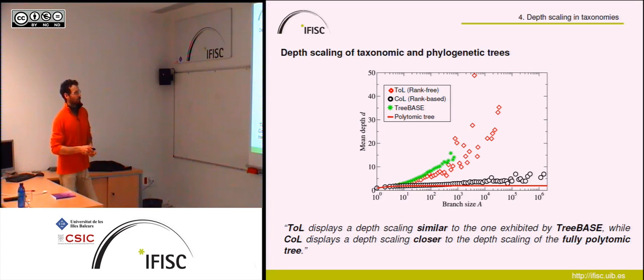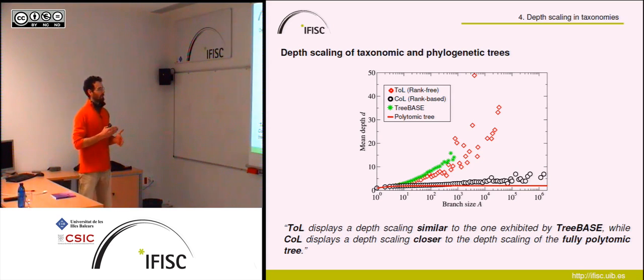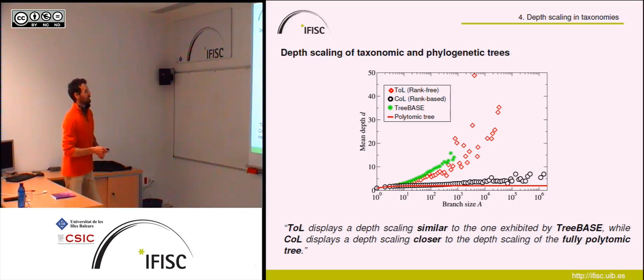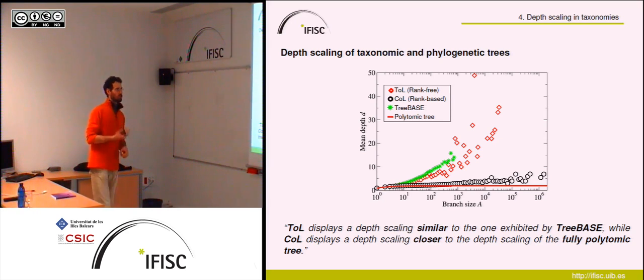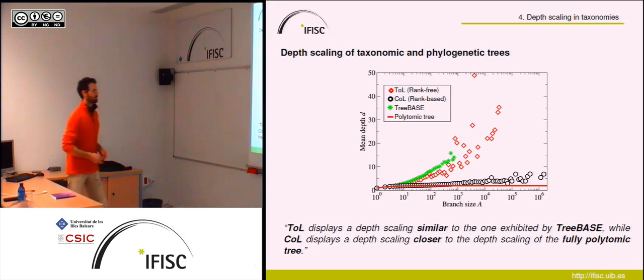The rank-based taxonomic tree from the Tree of Life web project displayed a depth scaling closer to the one depicted by the phylogenetic trees from TreeBase, while the rank-based taxonomic tree from Catalog of Life displayed a mean depth scaling as function of the branch size closer to the scaling of a fully polytomic tree.